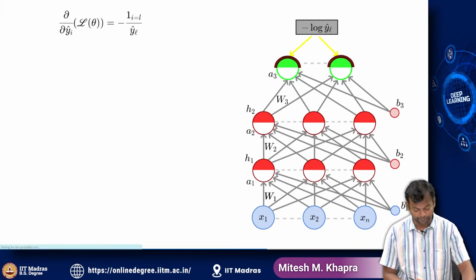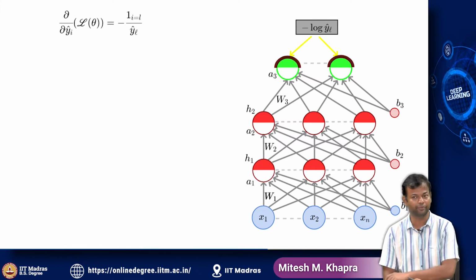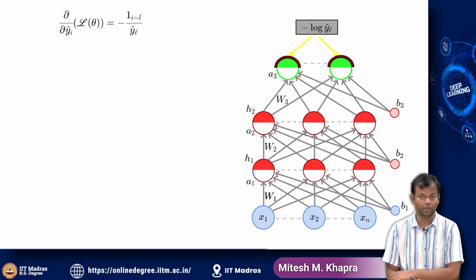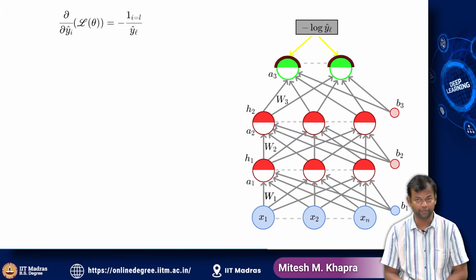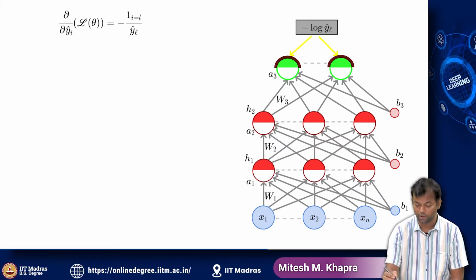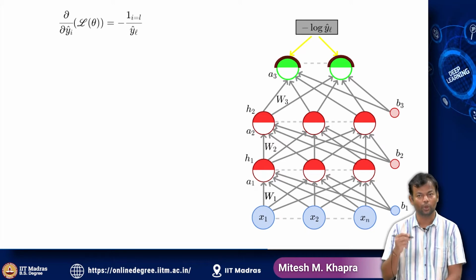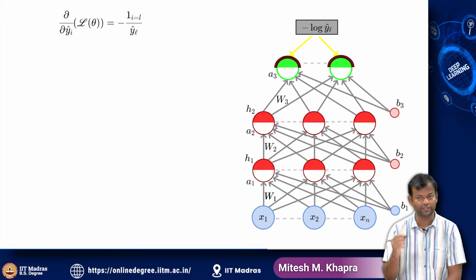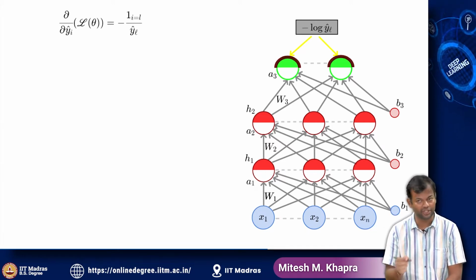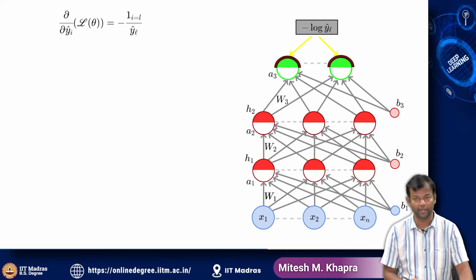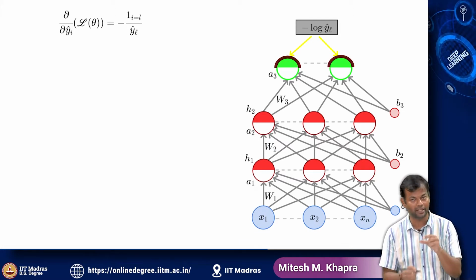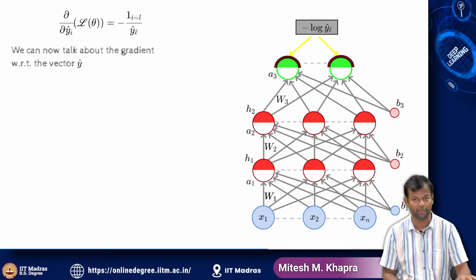Okay. So what do I have so far? I have the partial derivative of the loss function with respect to the ith shaded green guy, right? But we are not interested in one partial derivative, we are interested in the entire collection of partial derivatives.